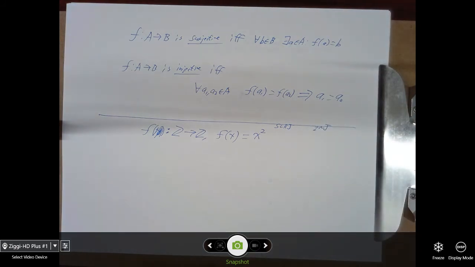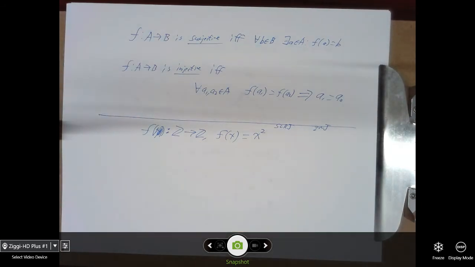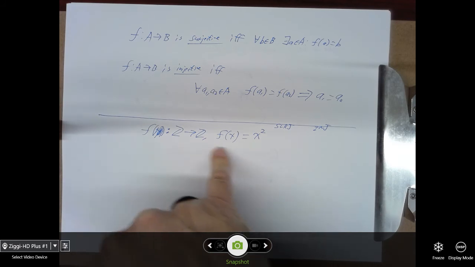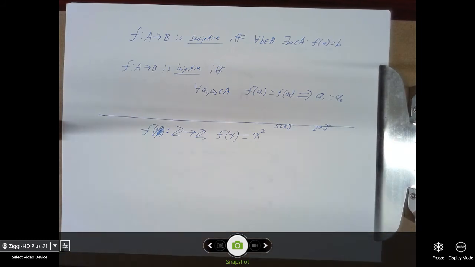What's the codomain? You just get that from the definition. That's the set of all integers. So is every integer the square of some integer? No. Again, there's no x that maps to 7. If there's at least one number over here that's not mapped to, then it's not surjective.